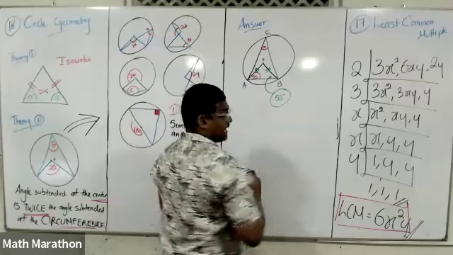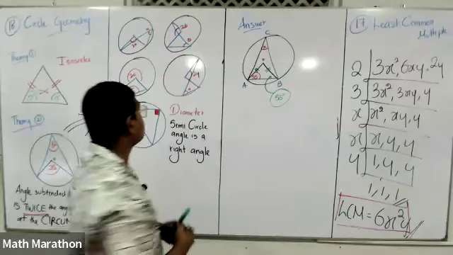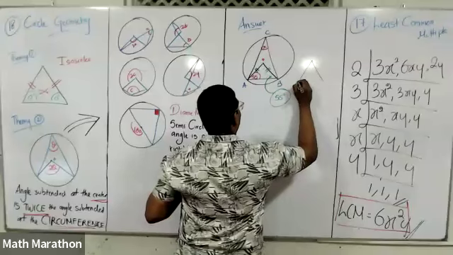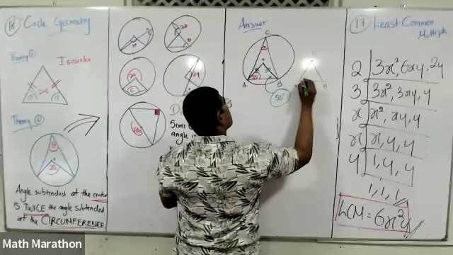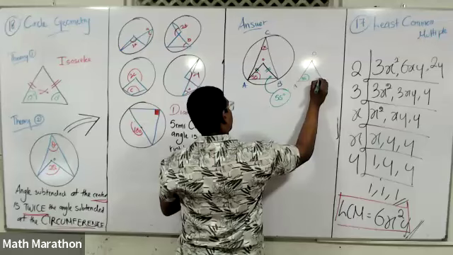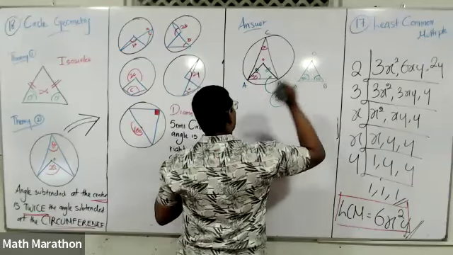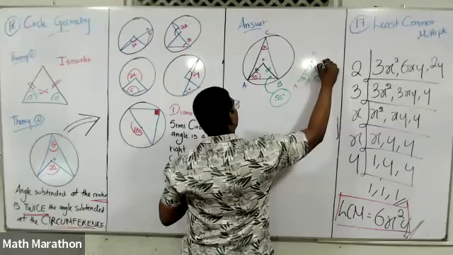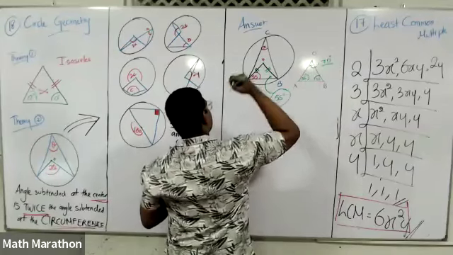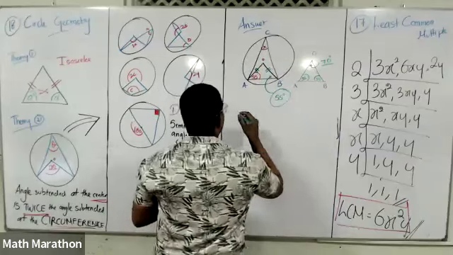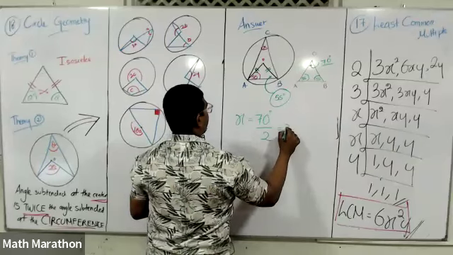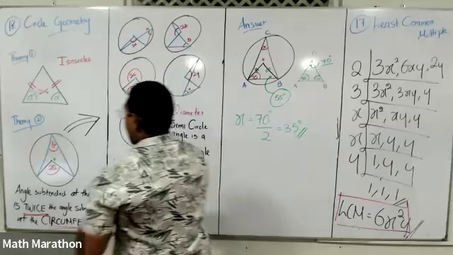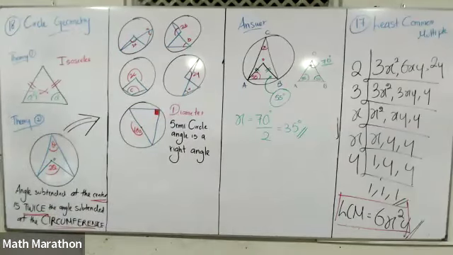If we take this as a separate triangle, we'll take AB: 55 plus 55, 110. So 180 minus 110 is 70. If that is 70, what is x? x equals half of 70, 35 degrees. Why? The angle subtended at the center is twice the angle subtended at the circumference.